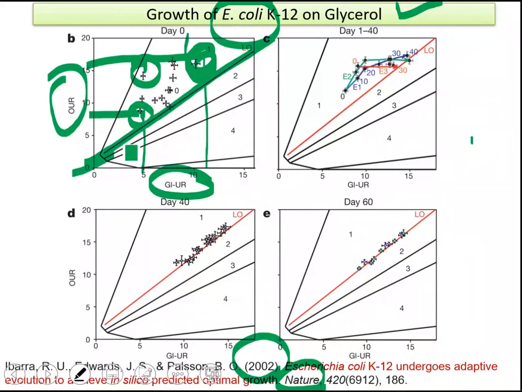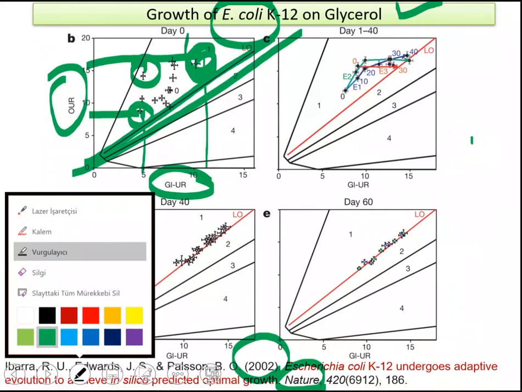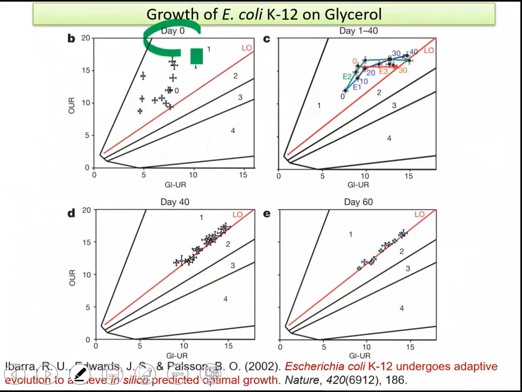So this red line, as I said, corresponds to optimum growth calculated based on flux balance analysis. This is day 0. When they measured growth rates from day 0 samples of E. coli grown on glycerol, most of the replicates were away from the optimum line.